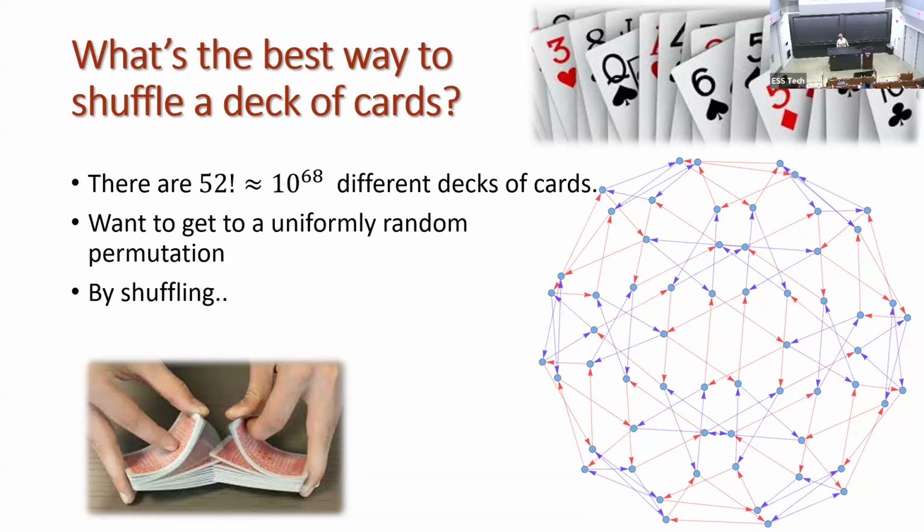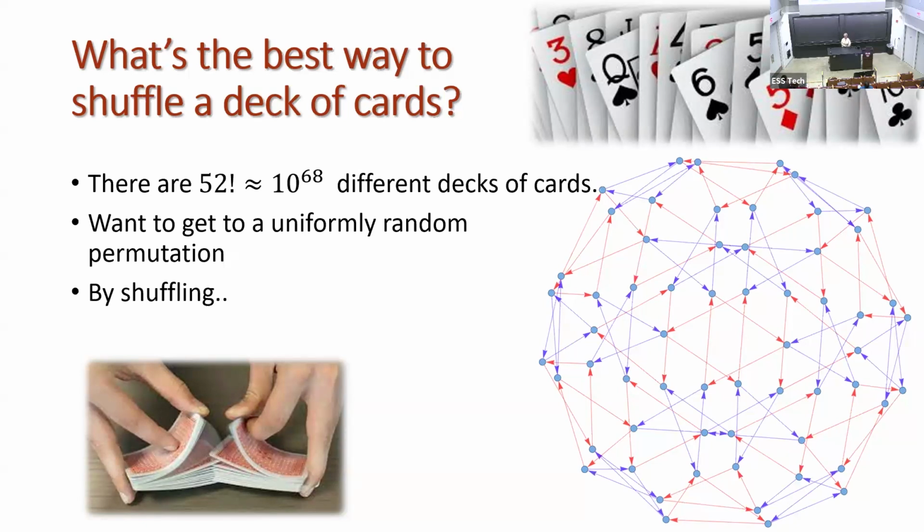And now, what does it mean to do a sequence of random shuffles? If you think of it in terms of the graph, it's as if you start from some arbitrary location, whatever your deck of cards happens to be in right now, and then you take a random shuffle step. So it's like moving to a random neighbor in the graph. And then you repeat this a few times.